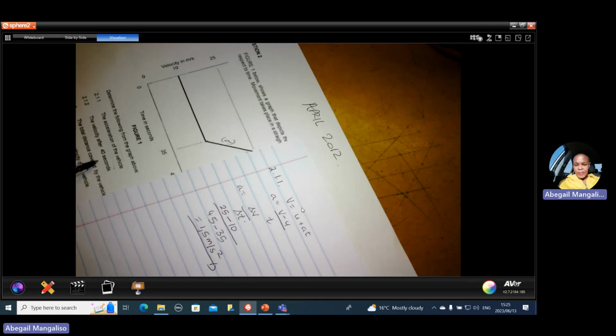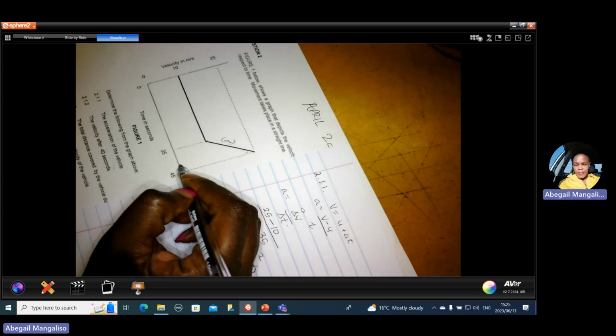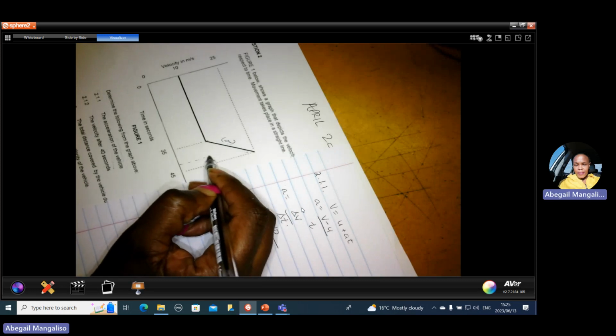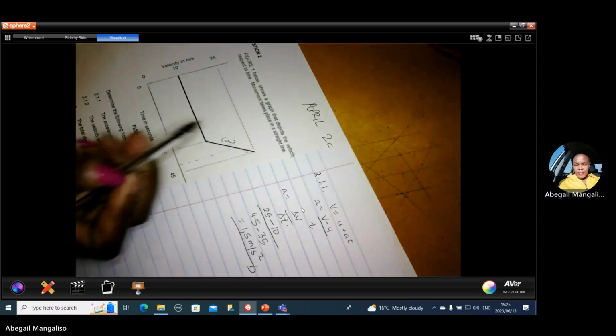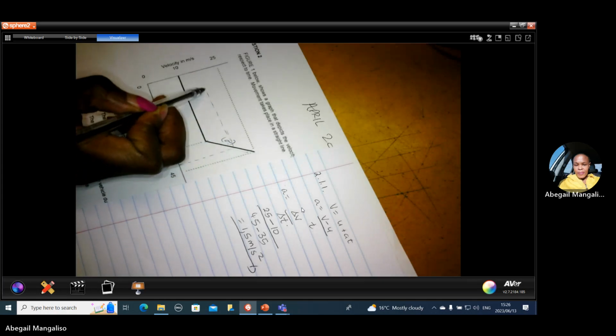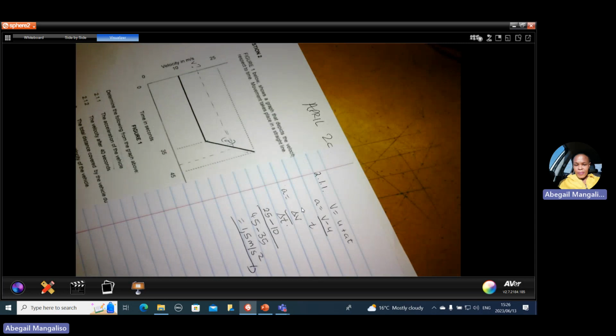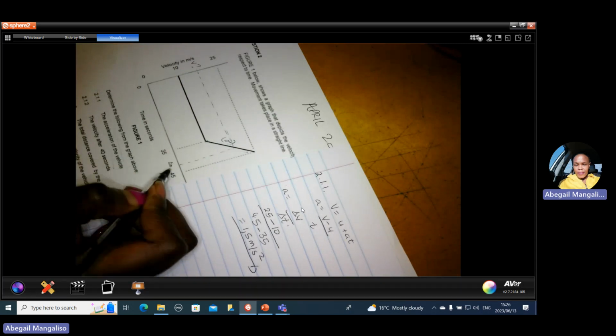The second question says calculate the velocity after 40 seconds. So the 40 seconds is somewhere there. This is the unknown velocity. What is the velocity corresponding to 40?